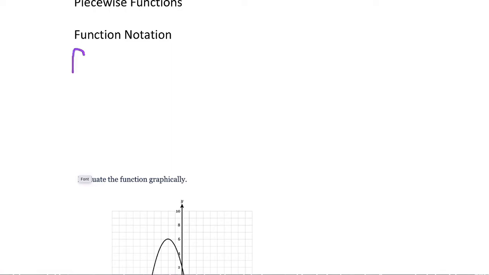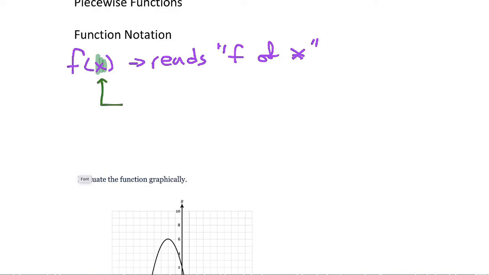If you have the symbol that looks like this, it reads f of x. Some of the things that you really need to know about this: remember, that piece right there is the x value.